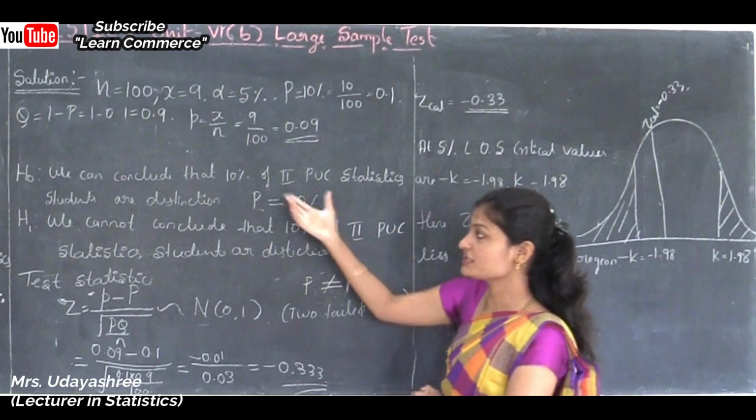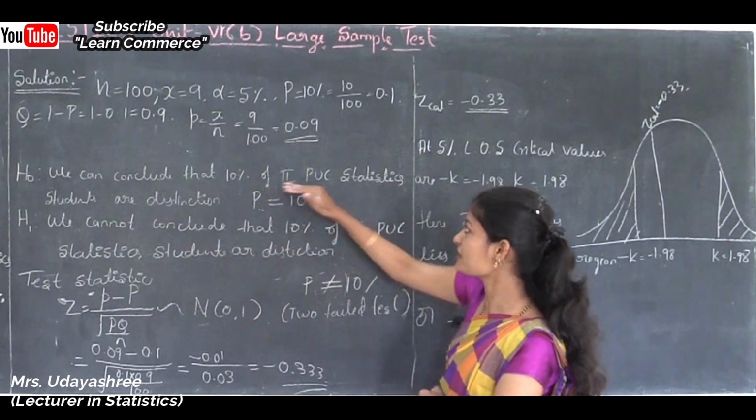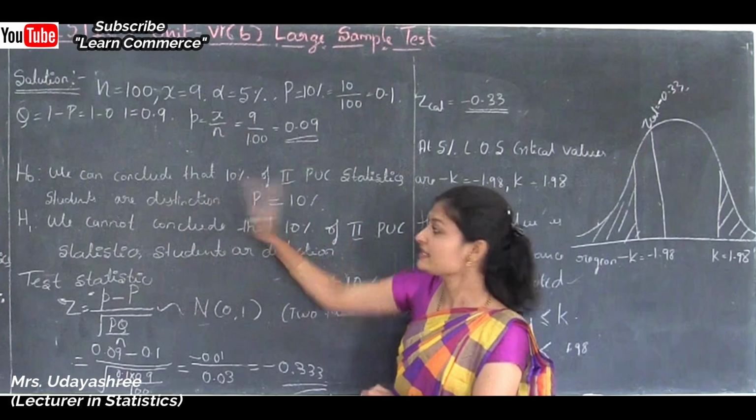If H naught is accepted, then what is the conclusion? The conclusion is, that is step 1, that is we can conclude that 10% of second PUC statistics students are distinctions.